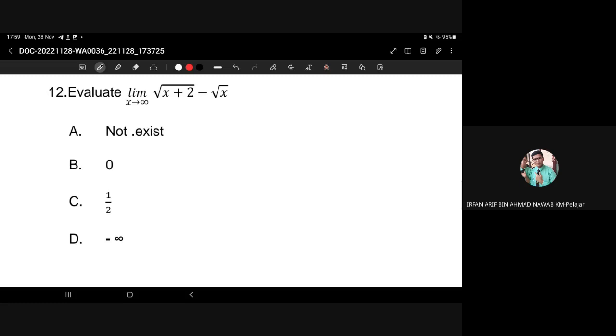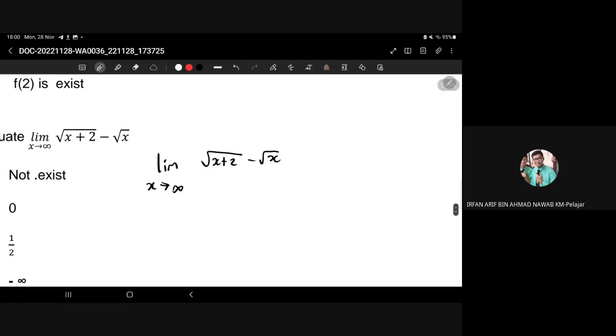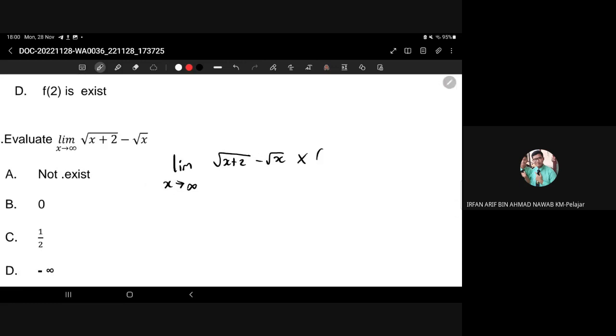I have a plan, but I don't know whether or not it works, but I'm going to try. Square root of x. First, as the limit of x approaches infinity, I multiply by its conjugate, meaning I multiply by 1, so the square root of x plus 2 plus the square root of x. I want to try because it's been a while for this type of question, but let me have a go. You multiply it by its conjugate like this.